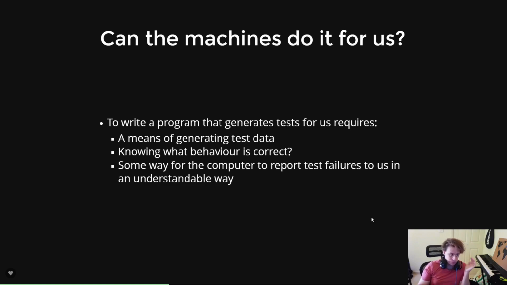So what we'd ideally like to do in some cases is, rather than us having to manually write out all of these tests, it would be really great if we could make a system or a computer do that for us, right? If we could get them to generate tests for us.